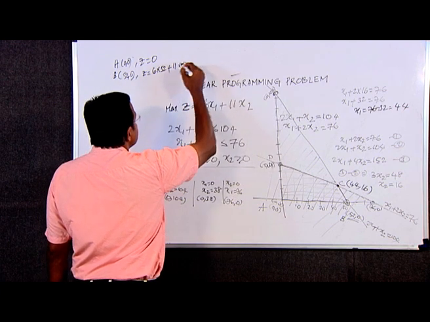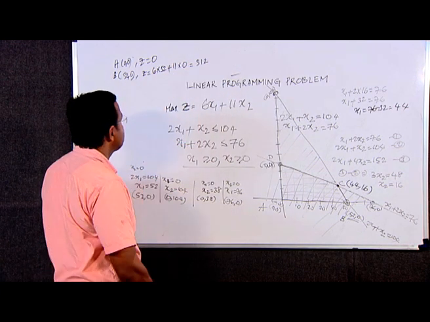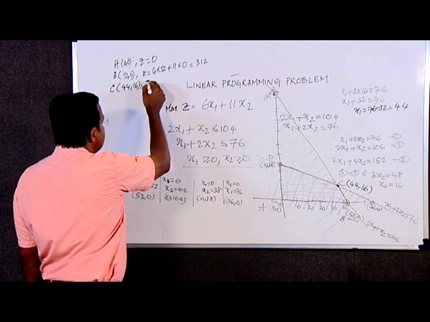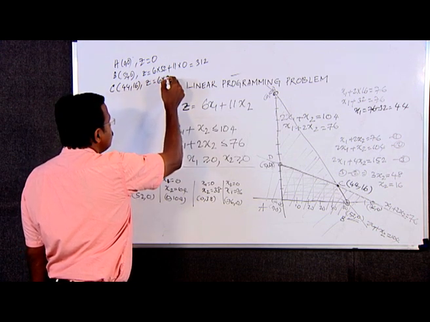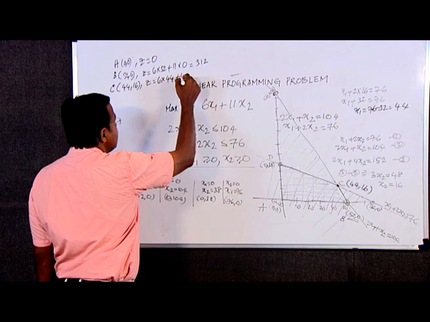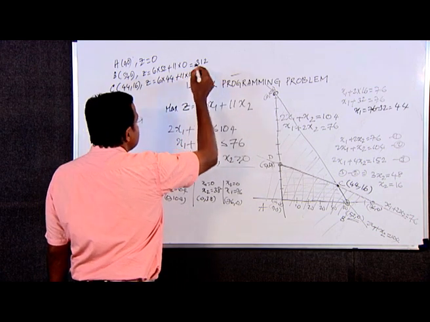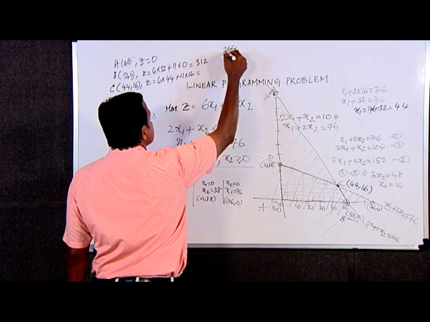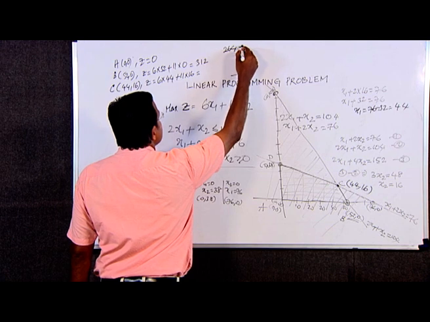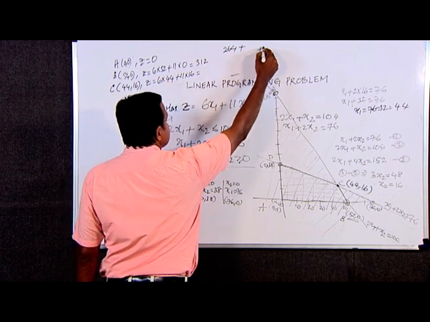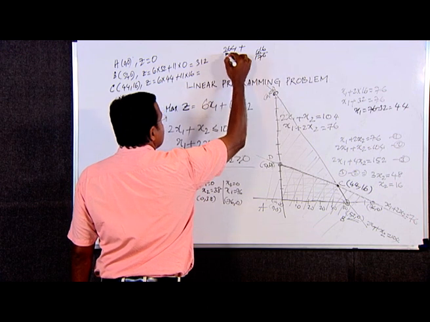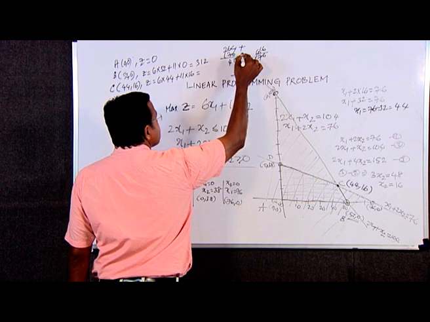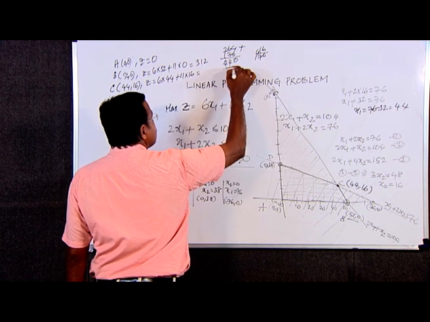At B, 52, 0, the value of Z is equal to 6 into 52 plus 11 into 0, that is 312. Then at C, 44, 16, the value of Z is equal to 6 into 44 plus 11 into 16, that is 264 plus 176, so the total is 440.